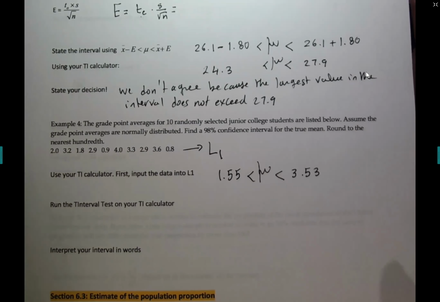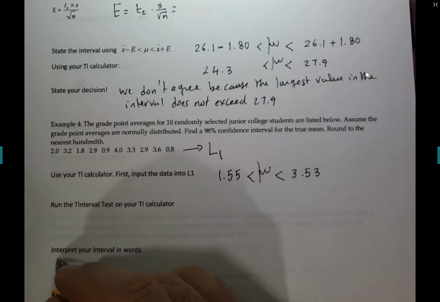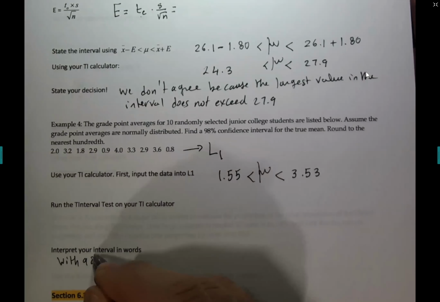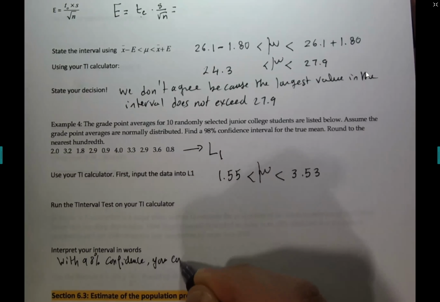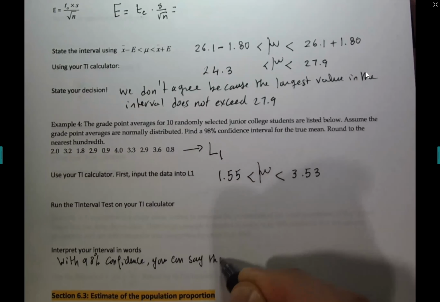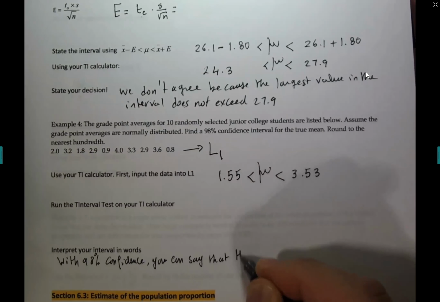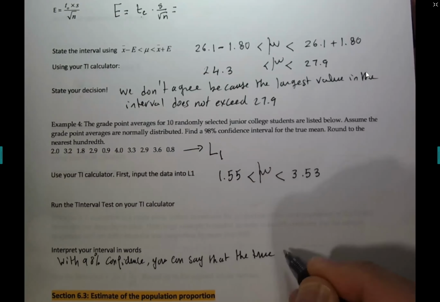And he says interpret the interval in words. You say with 98% confidence, you can say that the true mean, when I say true, it's the population mean.